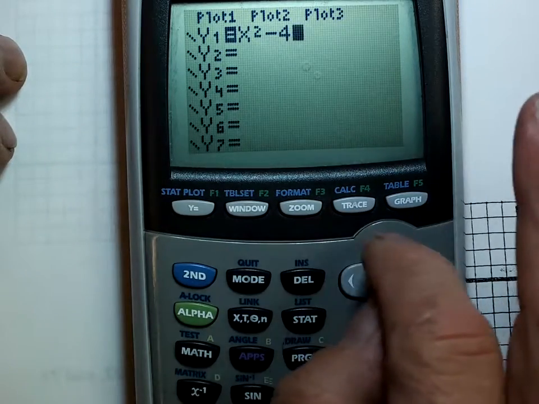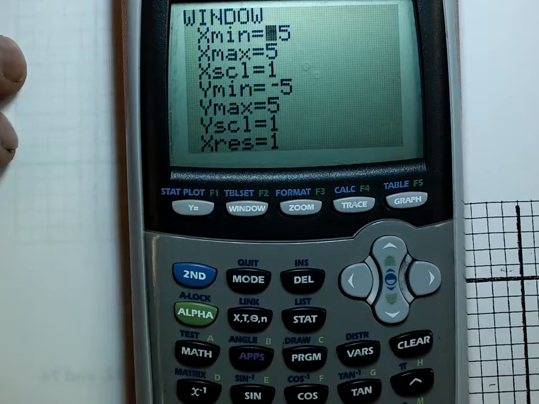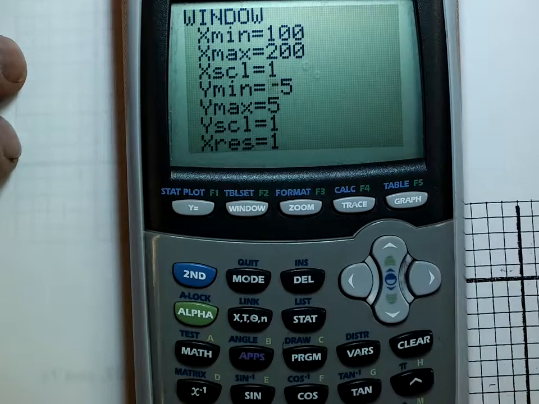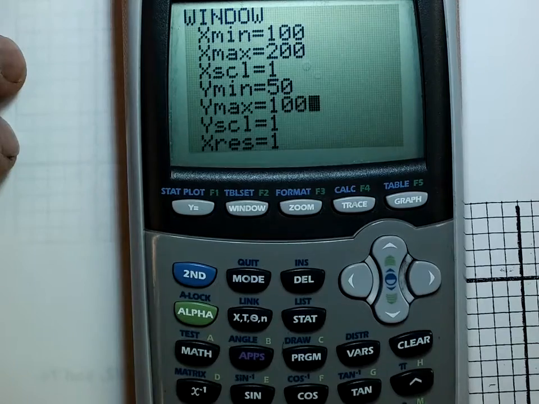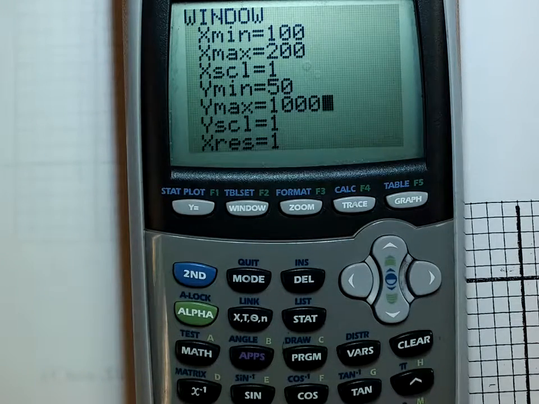If my window is on, let's say, 100 to 200, and maybe 50 to 1,000, my graph is going to be way out here and way up here.